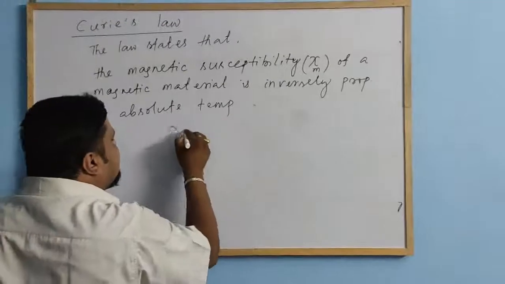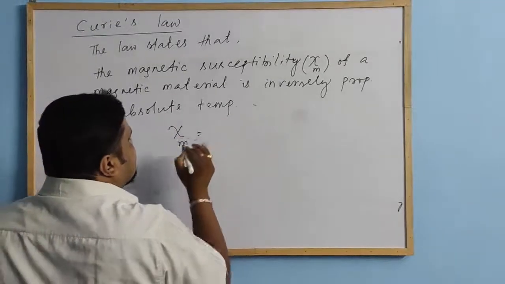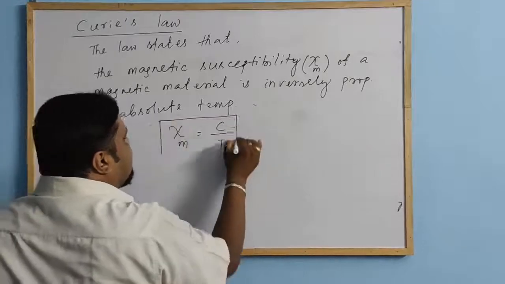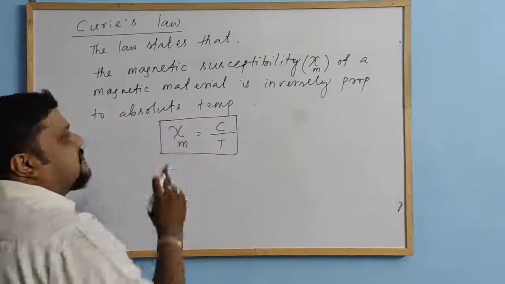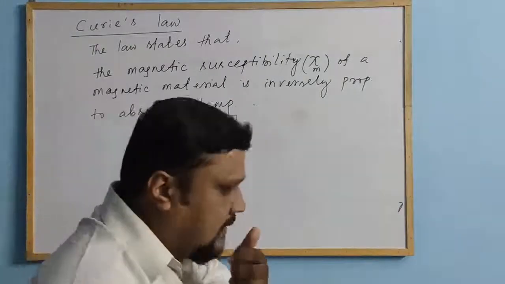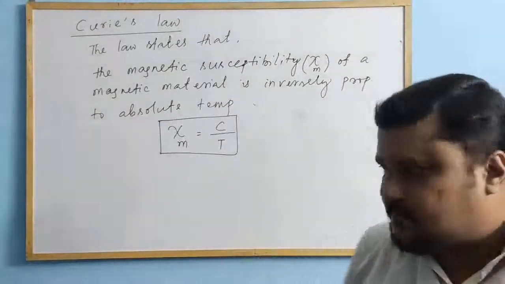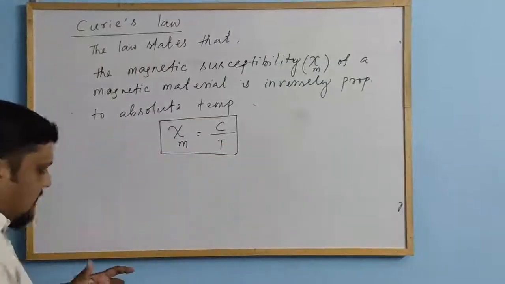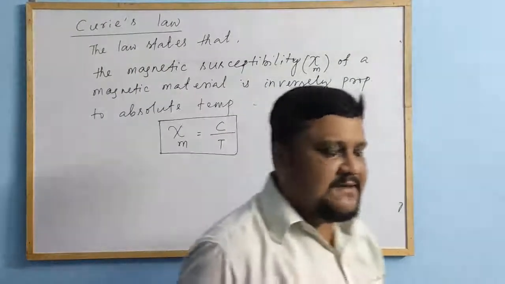So the law can be finally stated as chi m is equal to C by T, where C is the Curie constant and T is the absolute temperature.